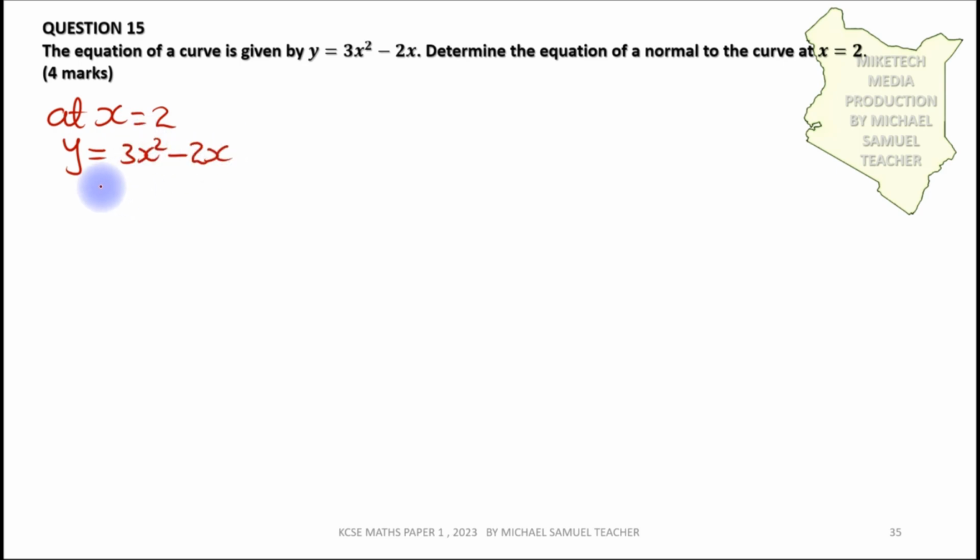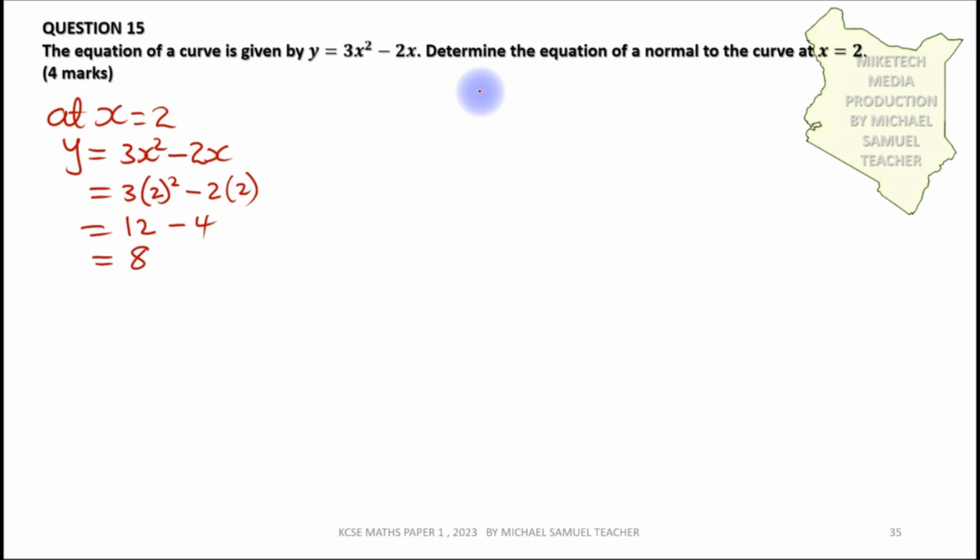We substitute the value of x. This will be 3 times 2 squared minus 2 times 2. This is 3 times 4, 12 minus 4. So y will be equal to 8. So that's at the point (2, 8).